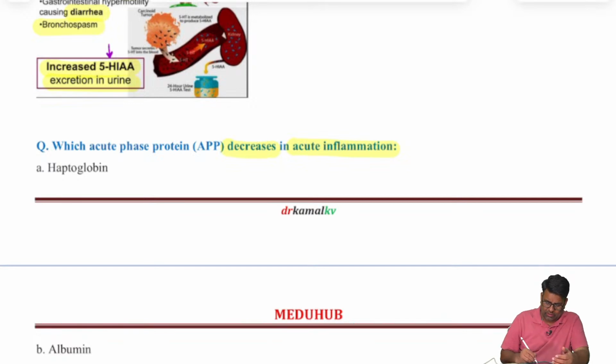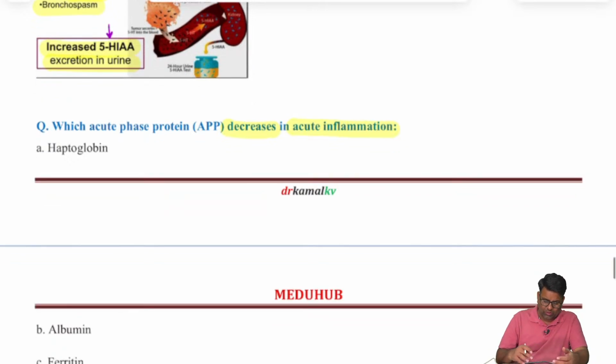Many times you must have seen in prescriptions, whenever we are evaluating infections, we write for CRP, ESR, etc. So this increases, but the one which decreases actually is albumin.